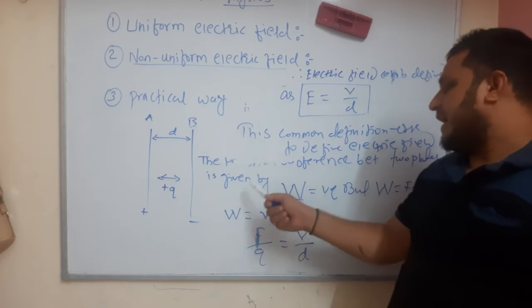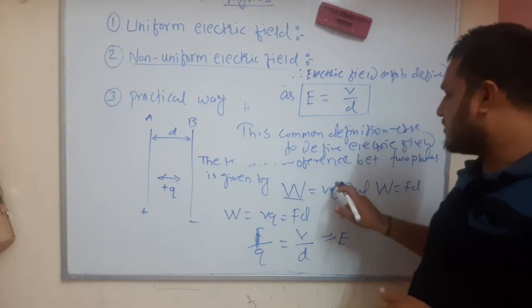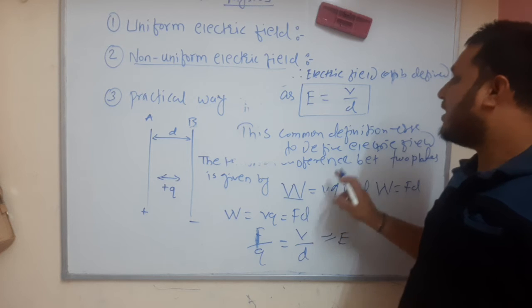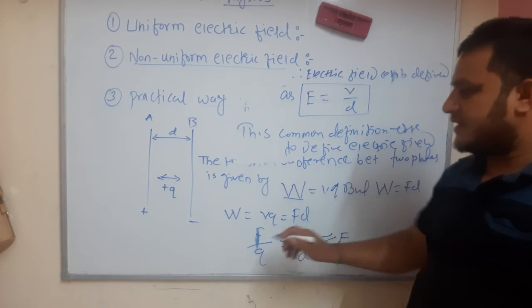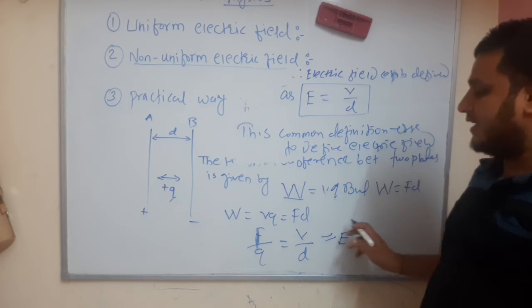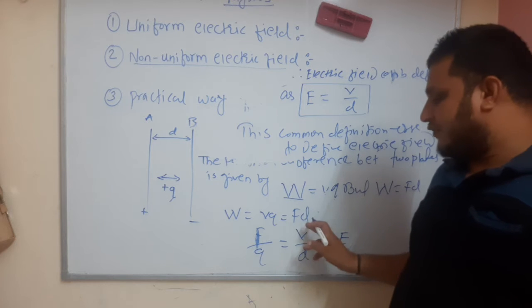But as per the given value we are having W is equal to V into Q, small q. V means potential difference, into charge, that is this Q. But we are having W is equal to FD. So we can write W is equal to VQ is equal to FD.